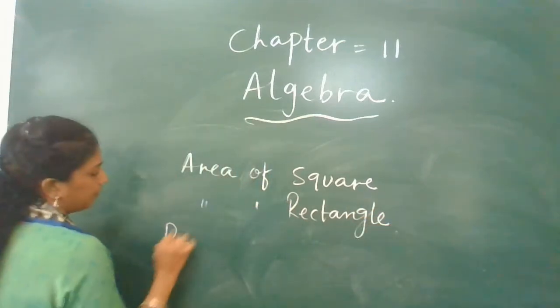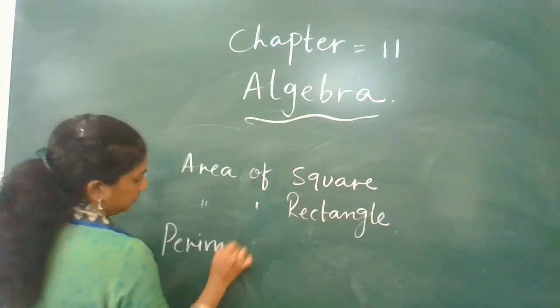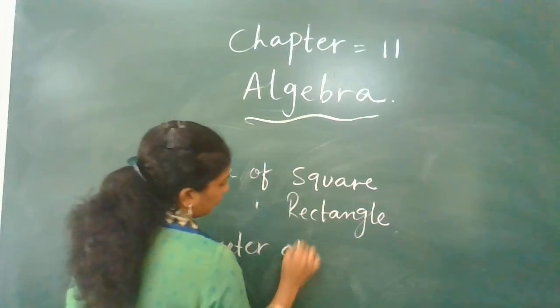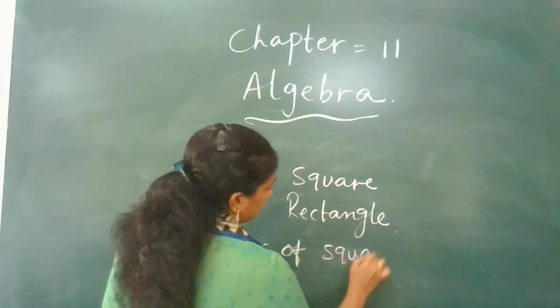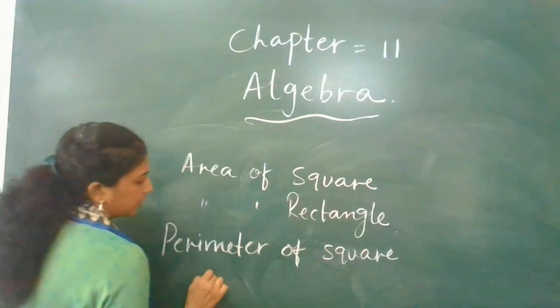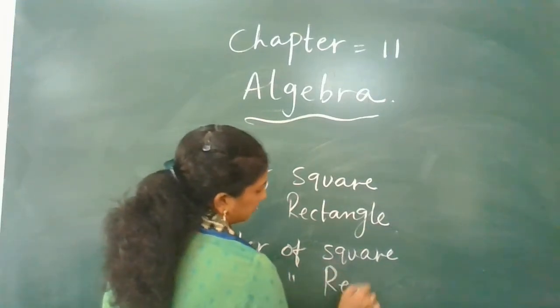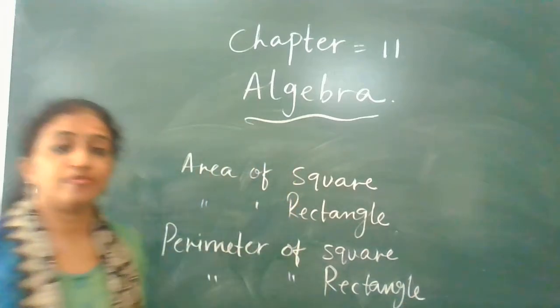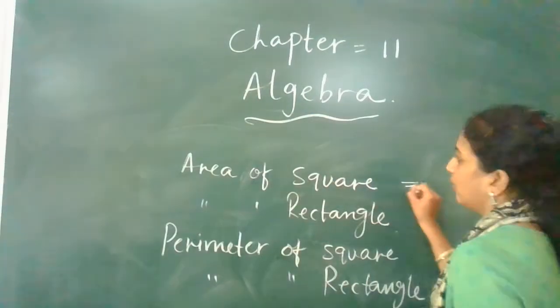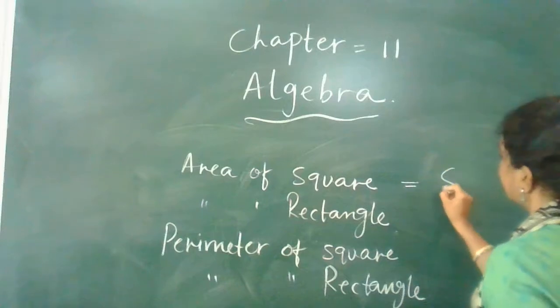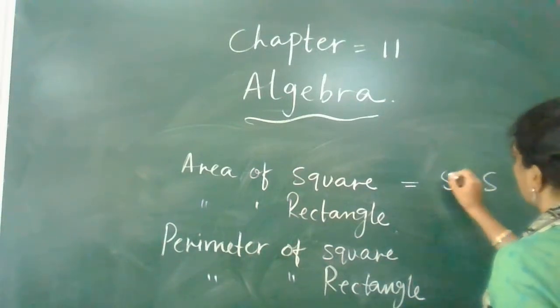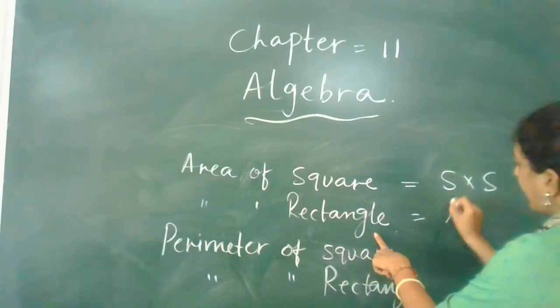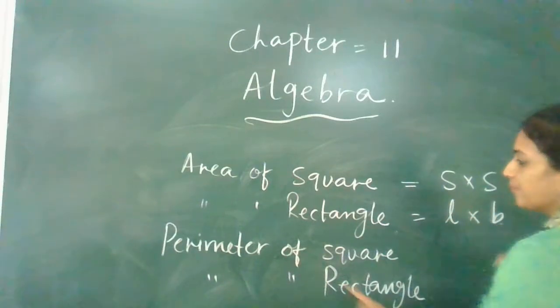You have learned perimeter of square, perimeter of rectangle. Let us revise the formulas of it. What is the area of a square? That is S into S. Rectangle, L into B.